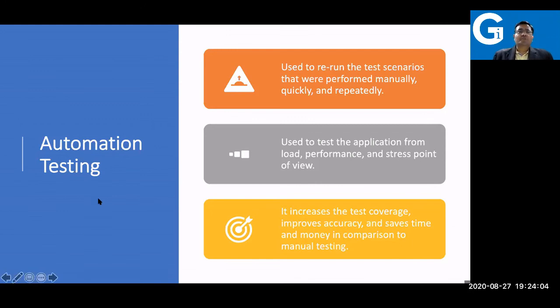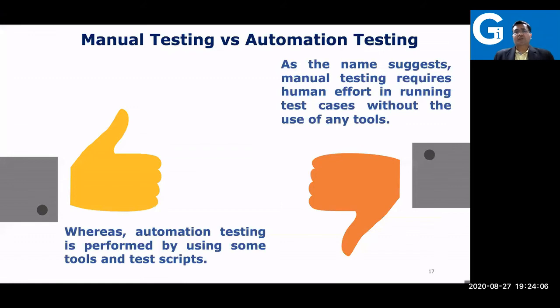Now, how important is automation testing and when to go for it? I'm giving you a scenario and you have to tell me when to go for manual and when to go for automation testing. Manual testing is obviously related to human effort, right? You are running the test cases without using any tools.